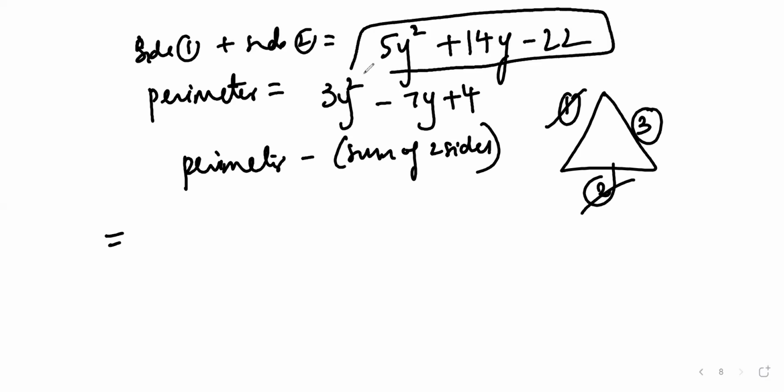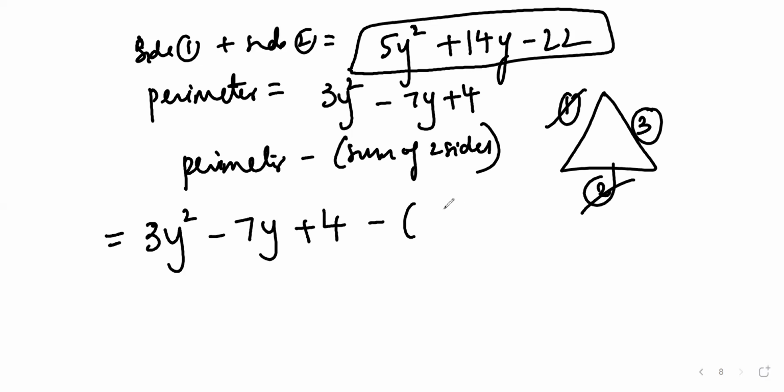So perimeter is given. Sum of two sides, I have it here. See, I put it in a box here. I've added side 1 and side 2, isn't it? So from the perimeter, 3y square minus 7y plus 4, I have to subtract the sum of the sides.